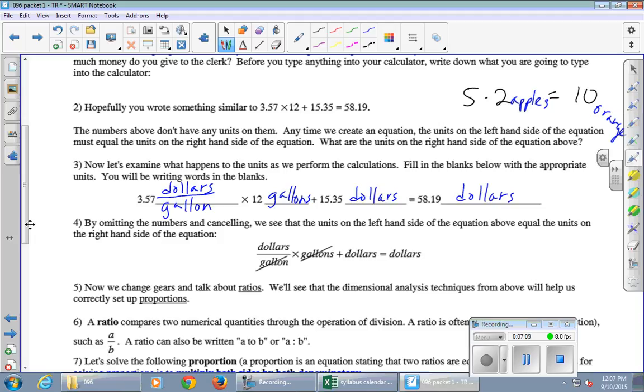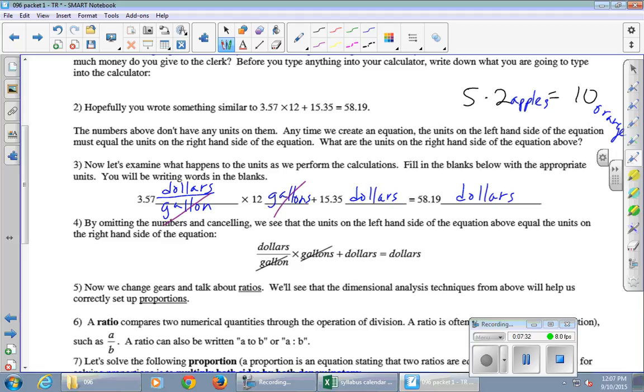So taking a look at the left-hand side, I've got dollars per gallon times gallons. What happens with those gallons? They cancel, right? You've got gallons on top of a fraction, you've got gallons on the bottom of a fraction, and they just disappear. So all that's left when I do that multiplication is dollars. It's the dollar amount of the gas by itself.